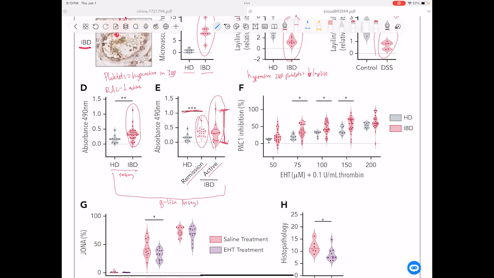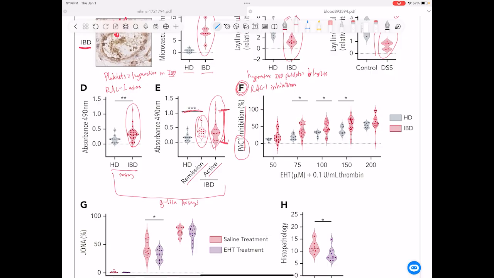Now here we have RAC1 inhibition. Our thought process was like, okay, so we think, much like our mice, if we have this active form of RAC1, then our IBD patient platelets, kind of like our Layilin knockouts, will be resistant to inhibition. So we're again measuring integrin activation here using PAC1.